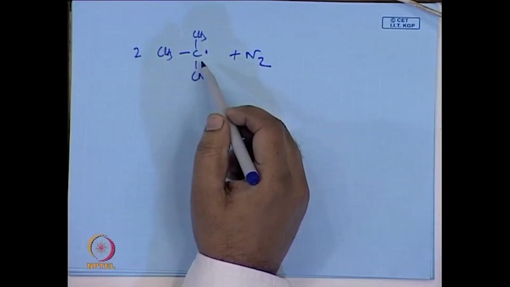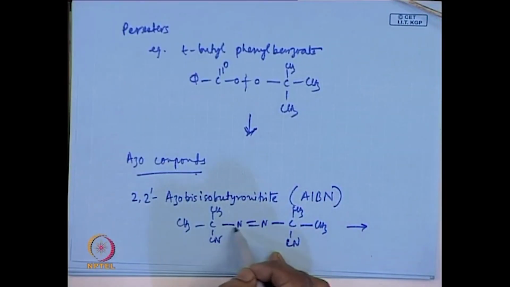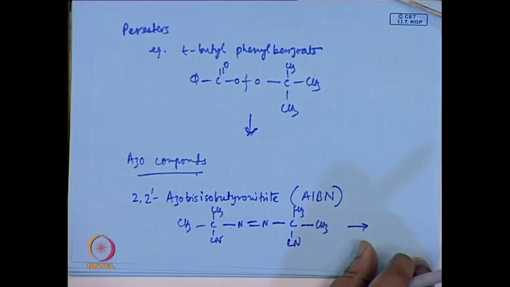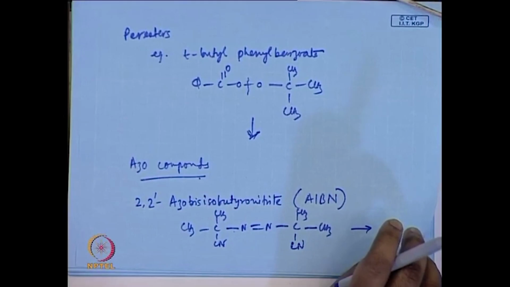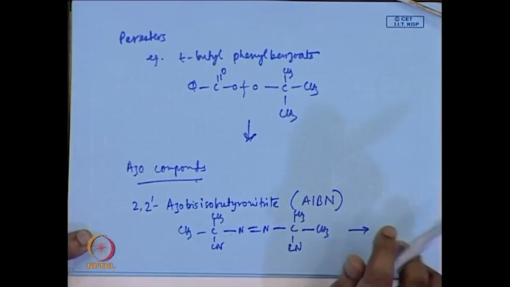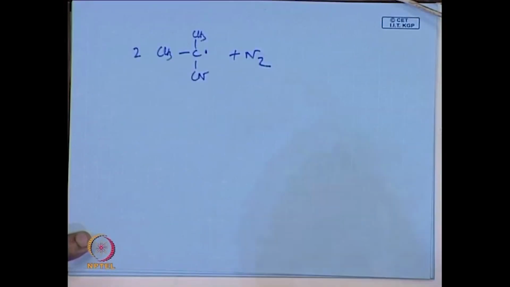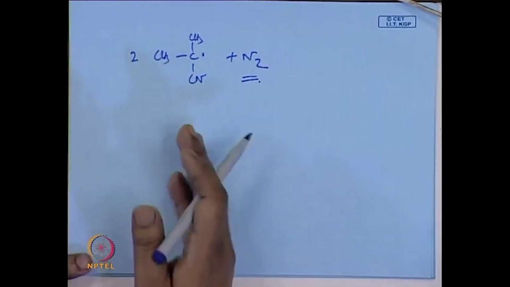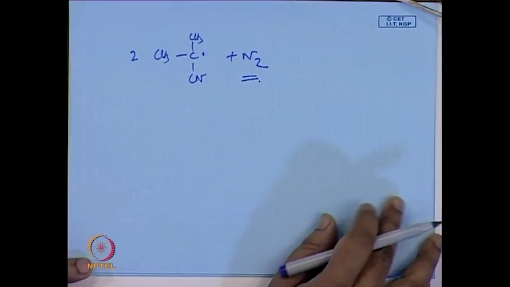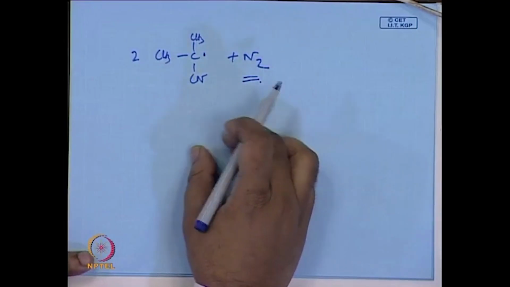Now, in this case, the C-N bond does not have that bond dissociation energy between 100 to 170 kilojoule per mole, that optimal bond energy we talked about. It actually has a higher 290 kilojoule per mole, but because of this nitrogen generation, this dissociation also becomes very much feasible at normal reaction temperature.